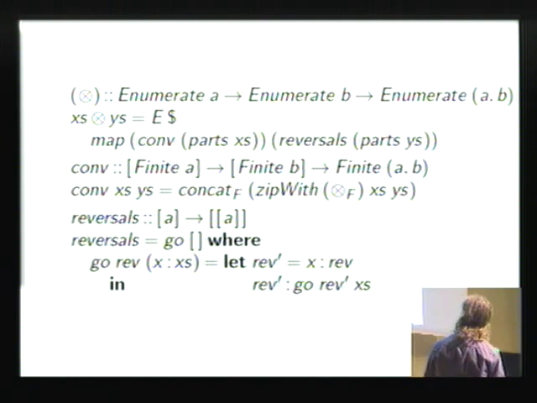And then we define a convolution function which assumes that its second argument is already reversed. And then we can define product as just a map of the convolution of the left operand onto the reversals of the second operand.